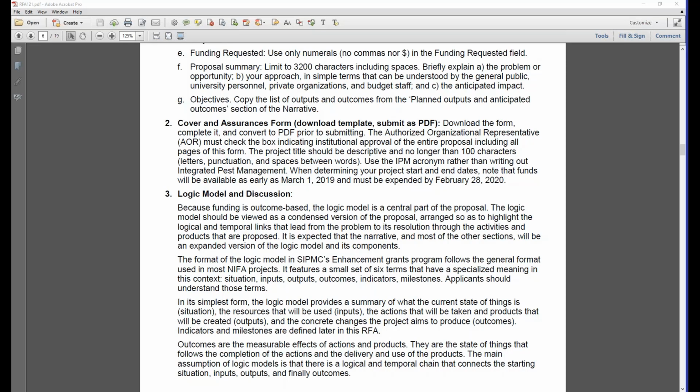You should see the logic model as a condensed version of the entire narrative, and every part that's in the logic model, you will find in the narrative. So your choice really. Some people prefer to start with the condensed version, building first the logic model and then expanding it into the narrative. Some people prefer to start with the narrative and condense it into the logic model.